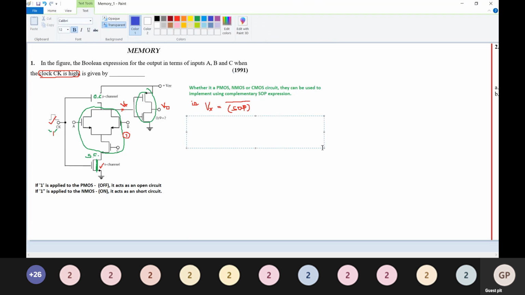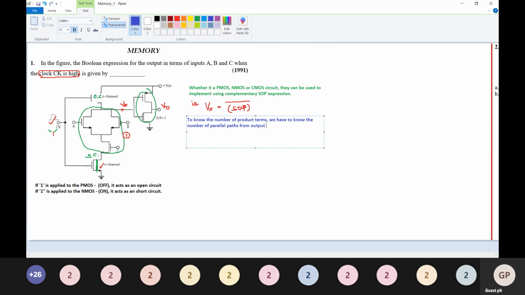Okay. So to know the number of product terms, we have to know the number of parallel paths from output to ground.